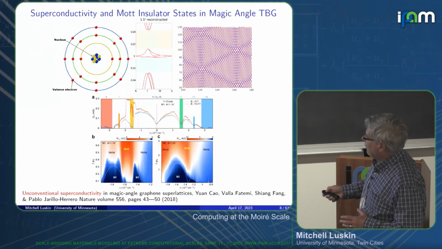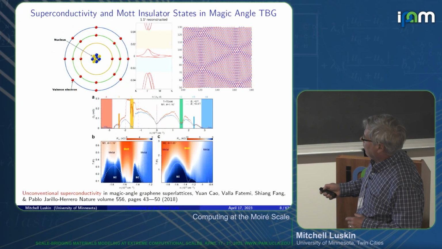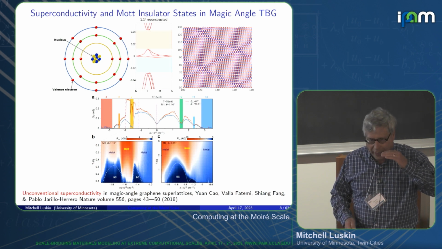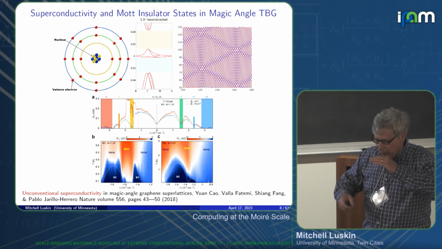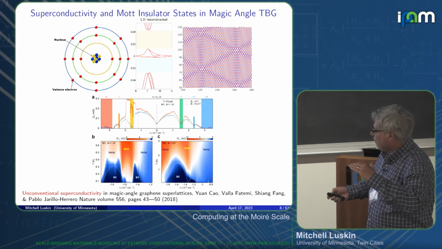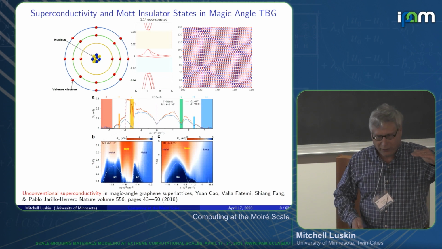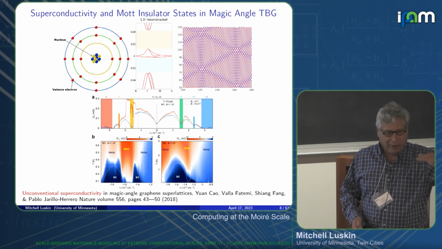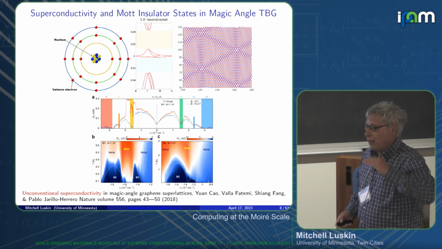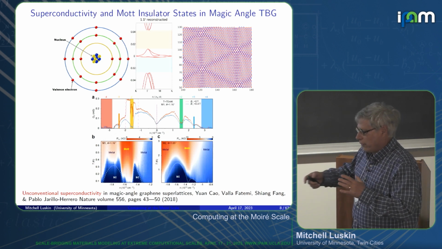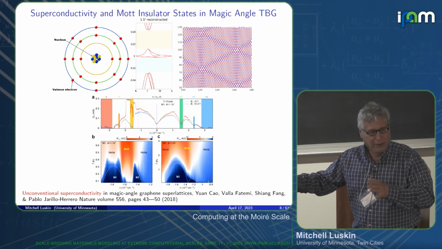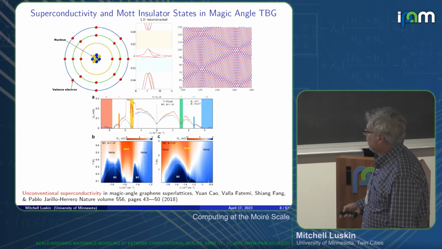It's sort of like taking this inner band and that middle band, and as you tune the voltages, you can go through there and see dramatic changes as you reach these integral levels of filling of the Moiré. Remember, it's always the Moiré cell now. It's not the normal unit cell.